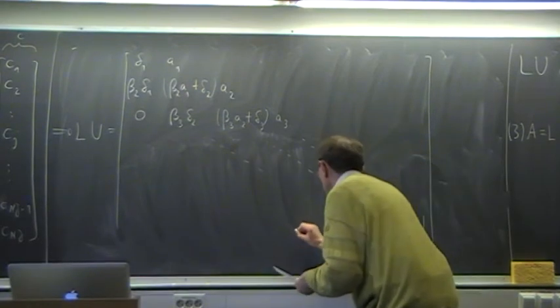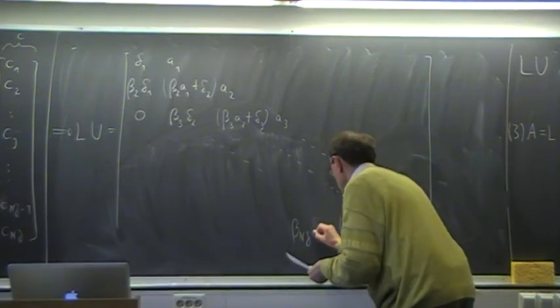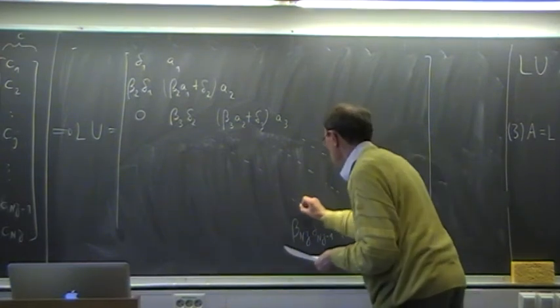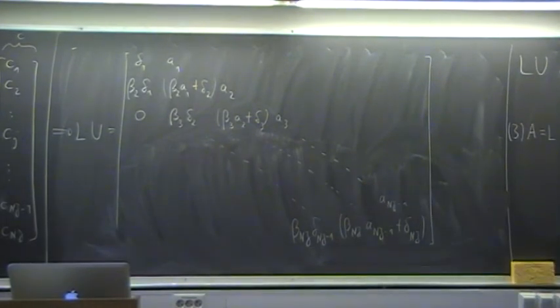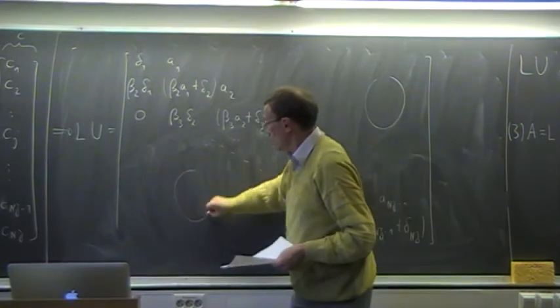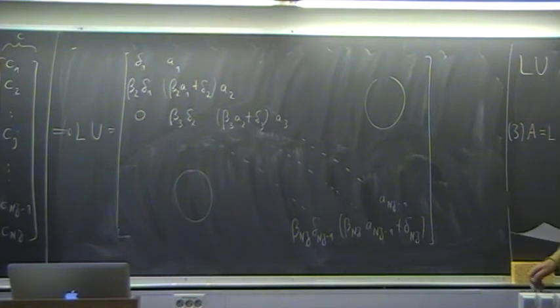Then we will get here the beta nj times the delta nj minus 1. So again, you see also that pattern. And above and below, we have just zeros. So that means we have, of course, as we should, a tridiagonal matrix, this LU product.